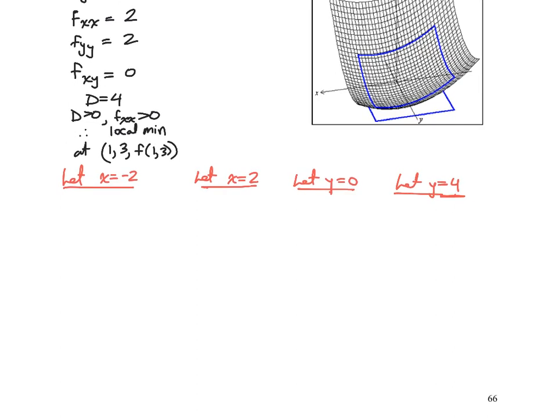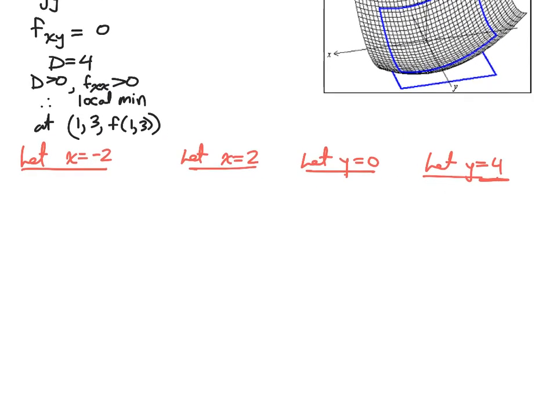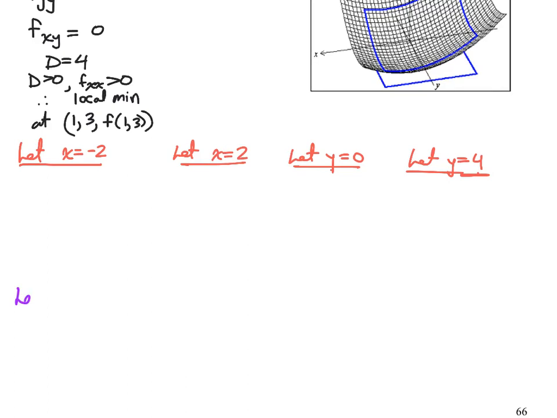We also have the corners that could come into play here. Right? For those, we could actually just figure out the values. All right? So let x equal -2 and y equal 0.